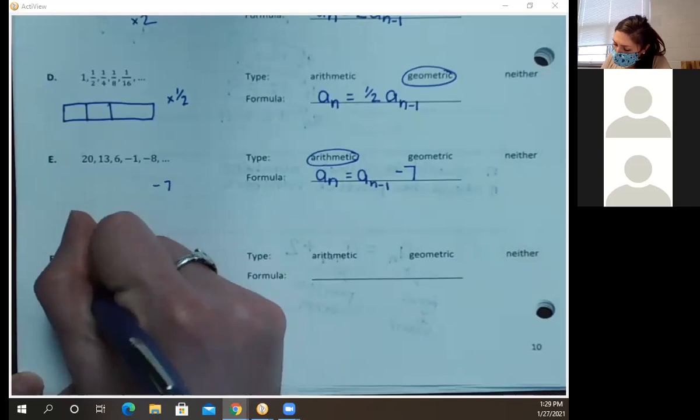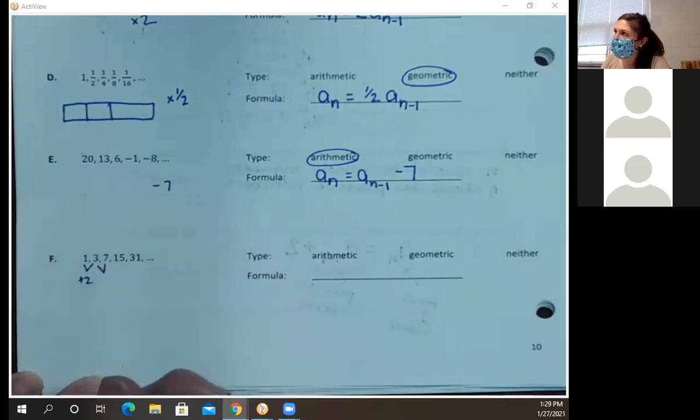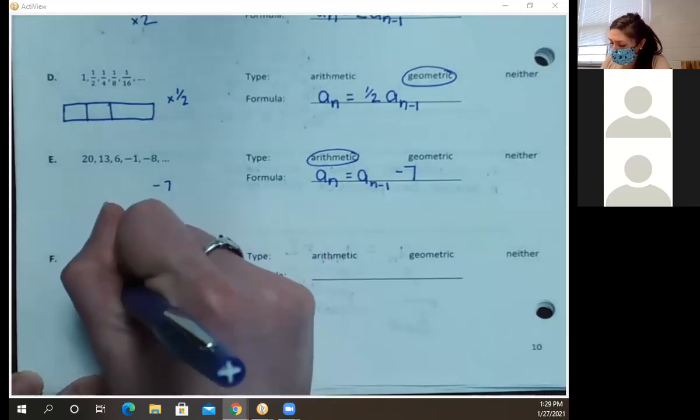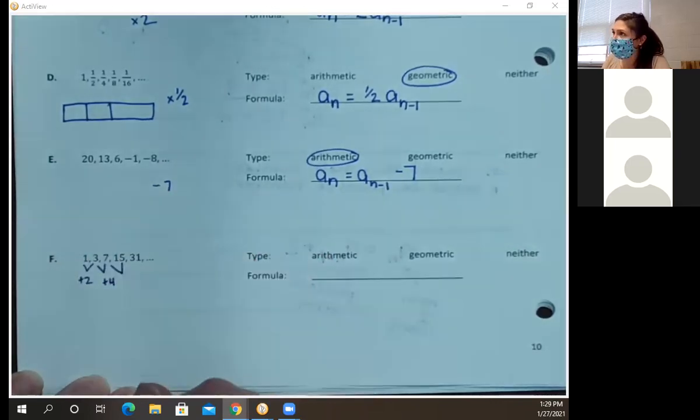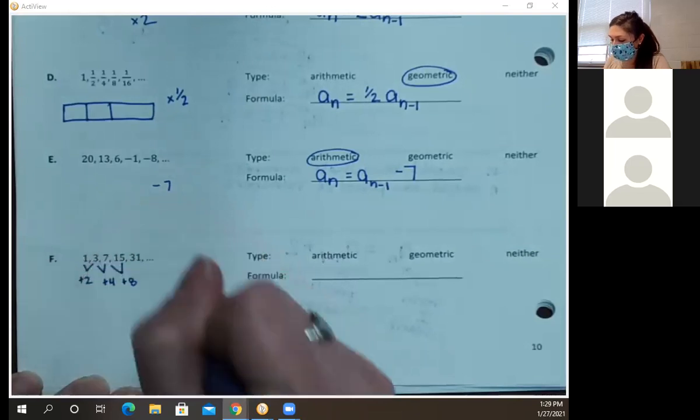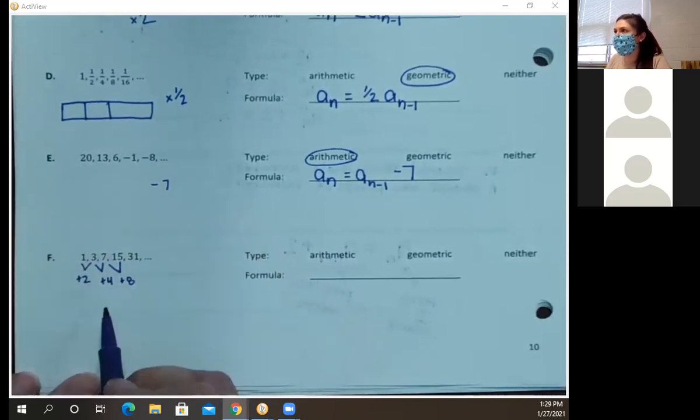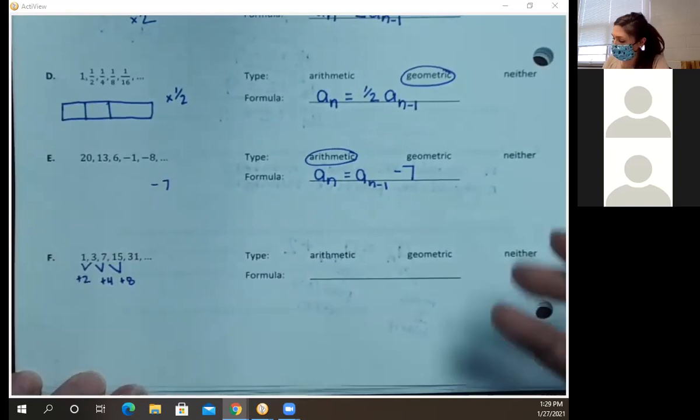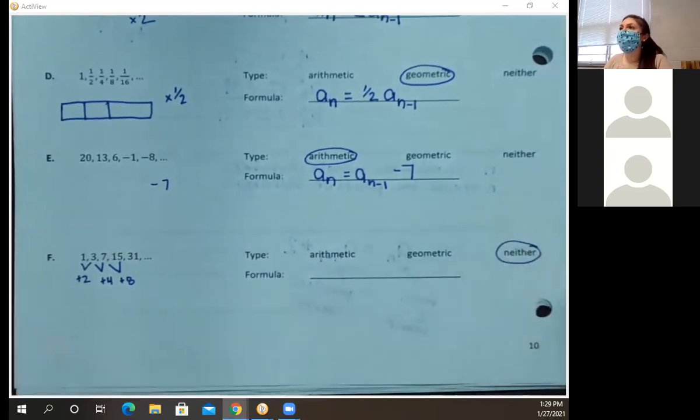Add 2. From 3 to 7? Add 4. From 7 to 15, add 8. What type of sequence would this be? Arithmetic, geometric, or neither? Neither. For arithmetic, I have to be adding the same thing every time. So this is neither.